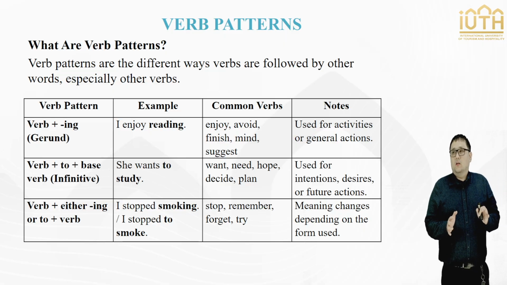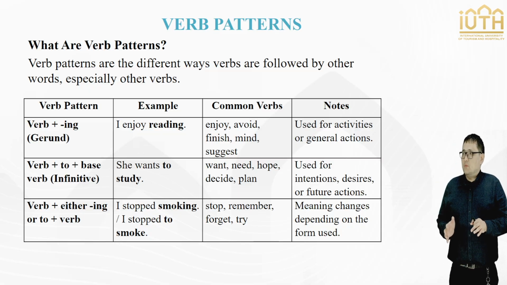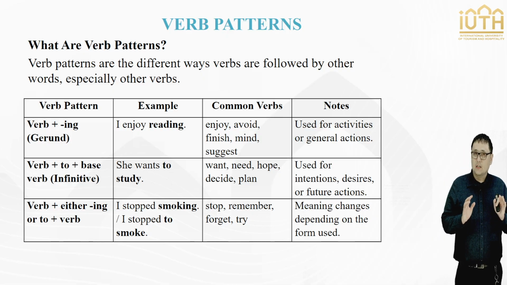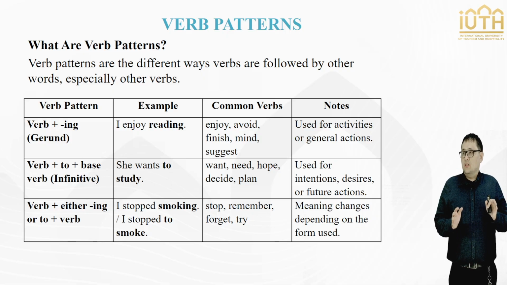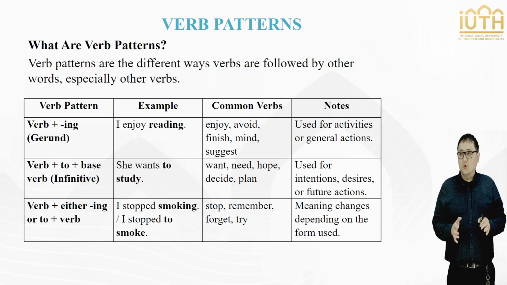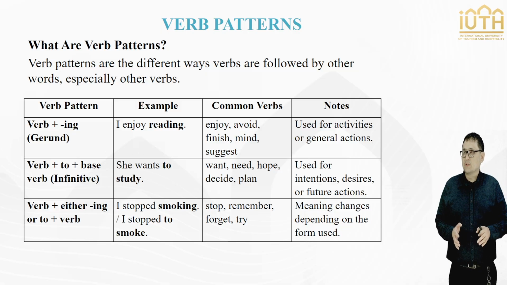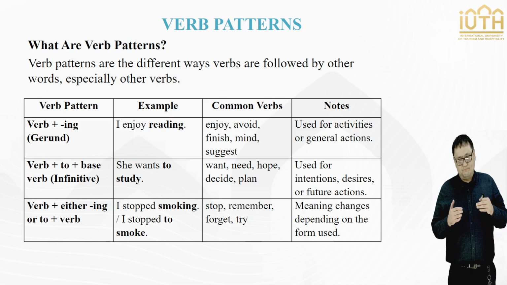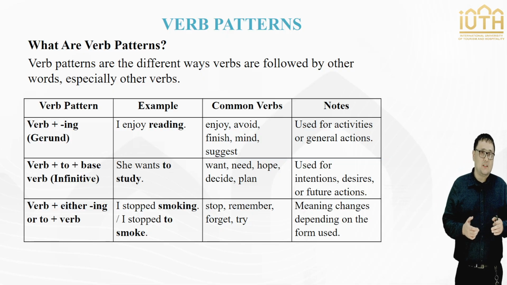So, the next type, the verbs which are followed by infinitive. They are want, need, hope, decide, plan. Examples, she wants to study. He planned to celebrate his uncle's birthday today.